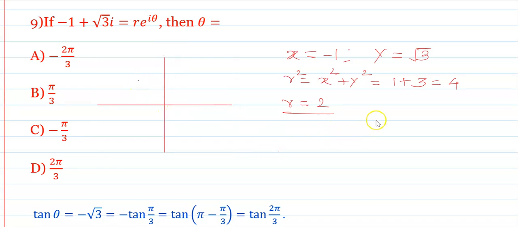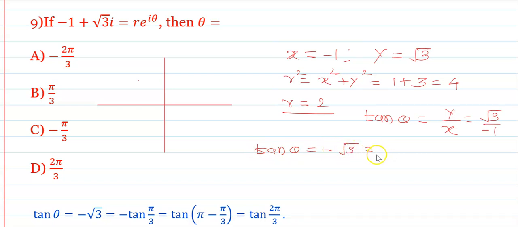Okay. And therefore, I will write here tan of theta. Tan of theta is y upon x. What is the y? y is root 3 upon minus 1. Okay. I write here tan theta is equals to minus root 3.